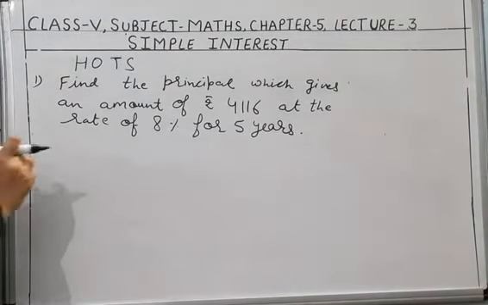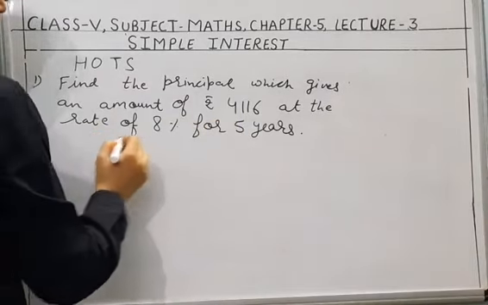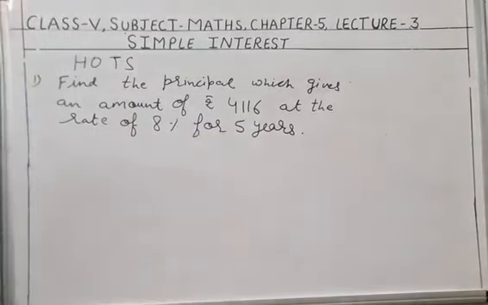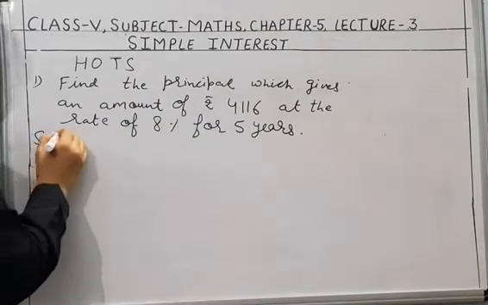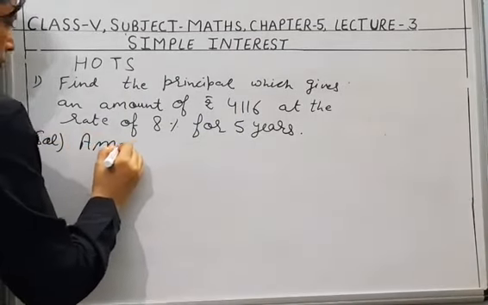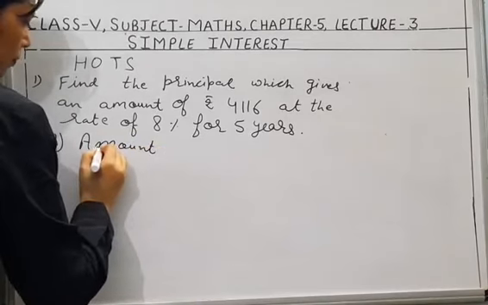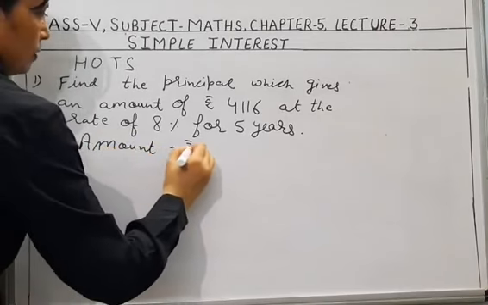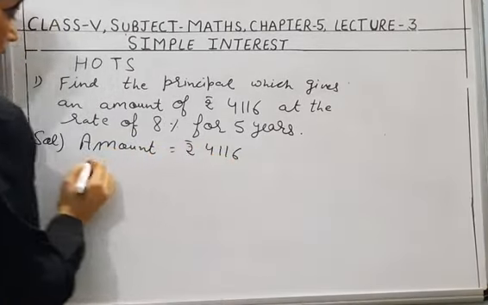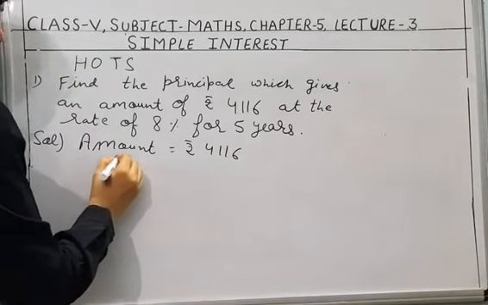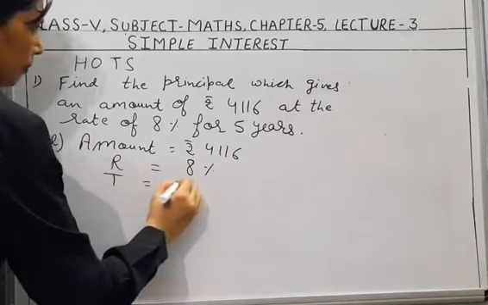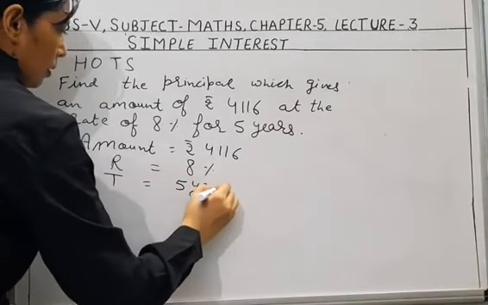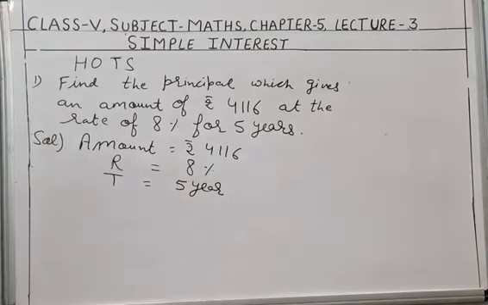To find the principal, amount is given to us, rate is given, time is given. So first of all, we will write down amount is equal to rupees 4,116. Rate 8% per annum. Time 5 years. We have to find out principal.